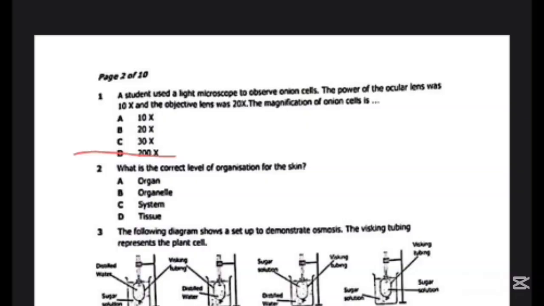So here our answer is organ, not organelle. Organelles are small, tiny structures which are found inside the cell. Then when we talk about the system, I've explained the tissue.